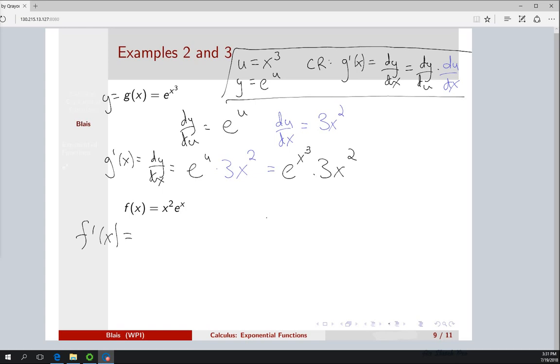So for product rule, we have the first times the derivative of the second. Well, the derivative of e to the x with respect to x is e to the x. Plus the second, e to the x times the derivative of the first, which is 2x. And if we like, we can factor out the e to the x. E to the x times quantity x squared plus 2x.